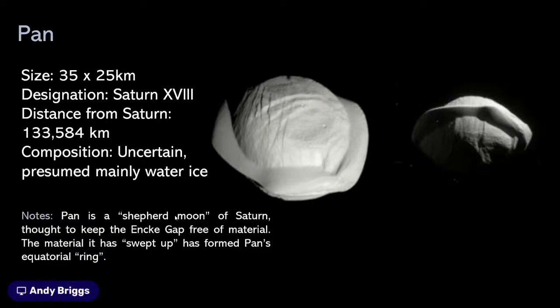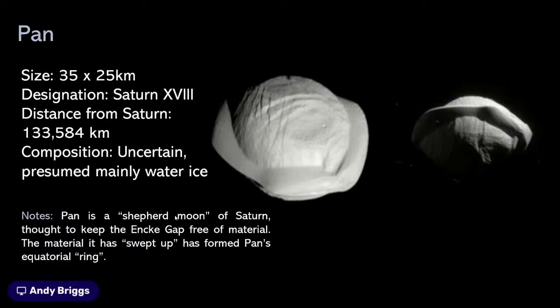A shepherd moon is one that literally confines one of Saturn's rings and keeps it as a ring so that it doesn't dissipate and spread out. In this case, what Pan does is keep the Encke gap, a gap between Saturn's rings, free of material. So it's sweeping up material from the Encke gap all the time.